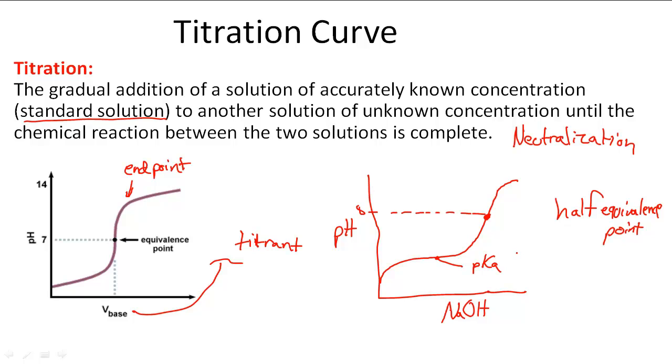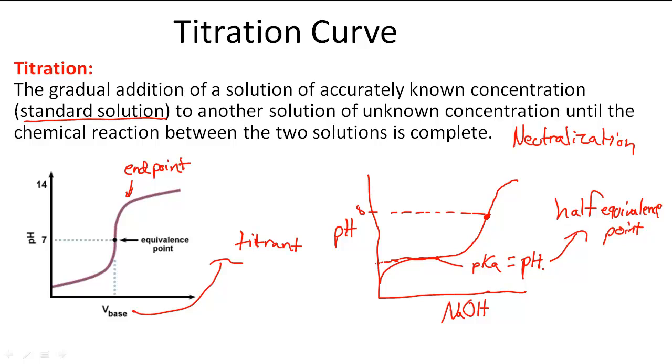You can see what's happening here: the pH is equal to the pKa at the half equivalence point. So a titration curve can give you the endpoint, the equivalence point, and for weak acid and strong base titrations, it can give you a half equivalence point, which gives you the pKa as well.